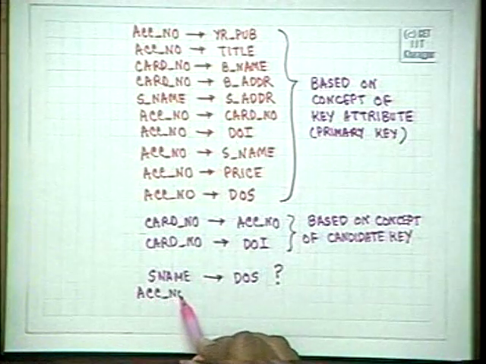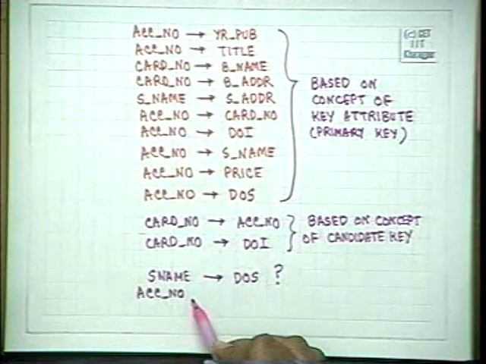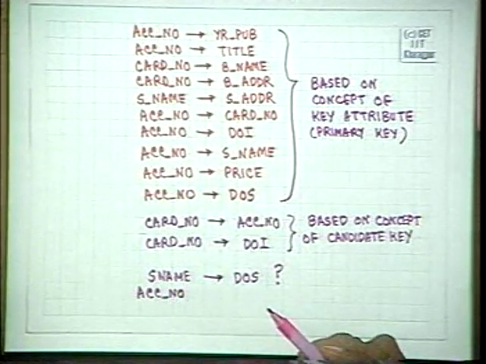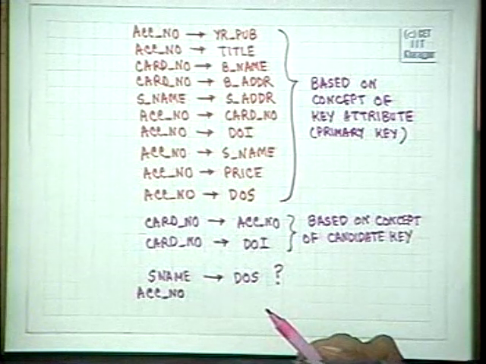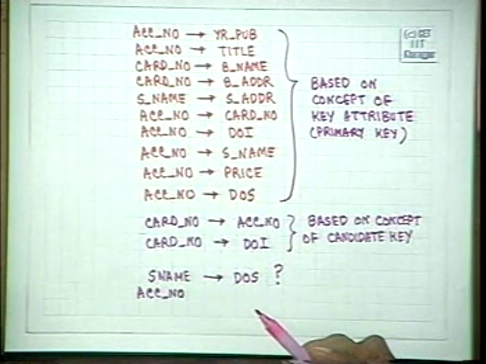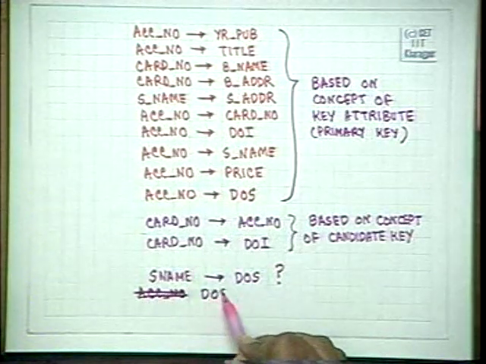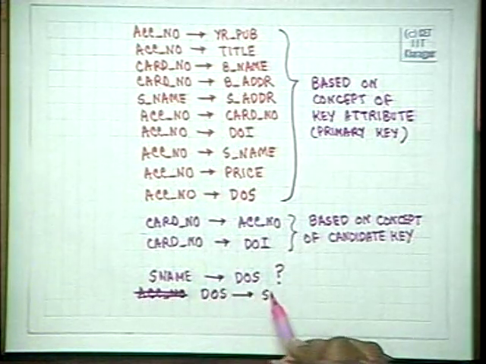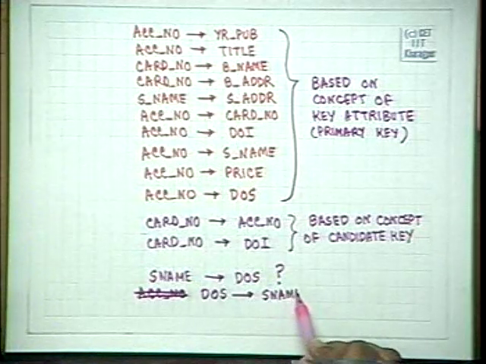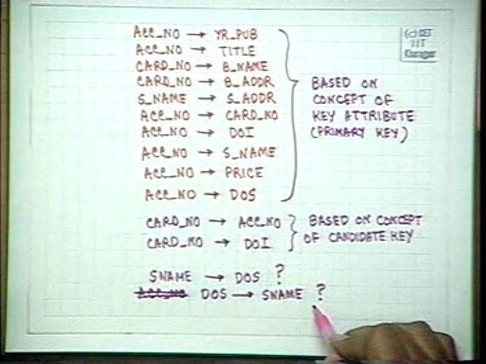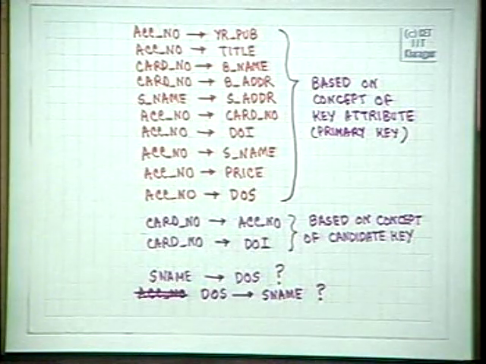The next question is accession number. Anyway, accession number implies S name. Is this the case? This will mean what? The library purchases only one book per day.